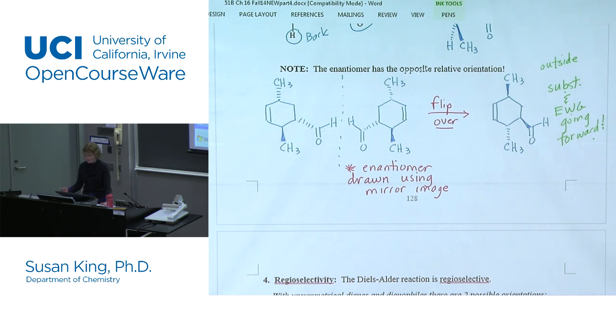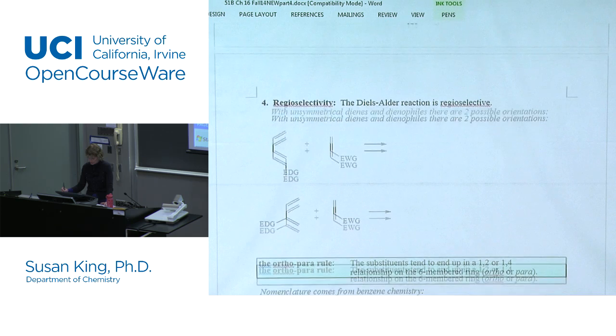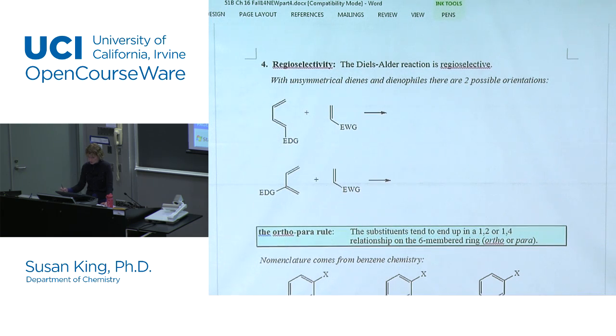All right, now we're ready to talk about regiochemistry. I have EDG for electron donating group and EWG for electron withdrawing group. If we have EDG and EWG here, there are actually two possible orientations.